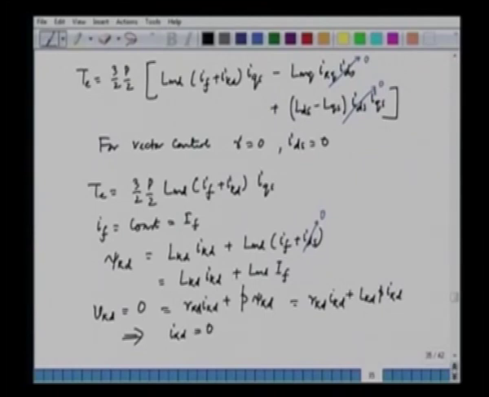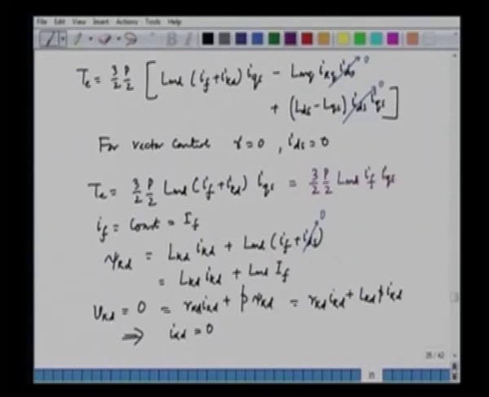So we have the equation for the torque, Te is equal to 3 by 2 into p by 2 into LMD IF plus IKD into IQS. So we can write that this is equal to 3 by 2 into p by 2 into LMD into IF into IQS.